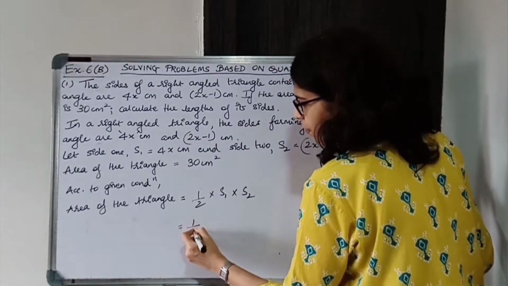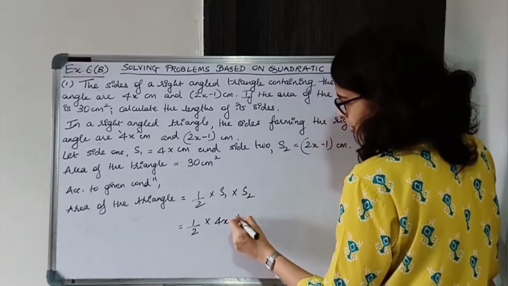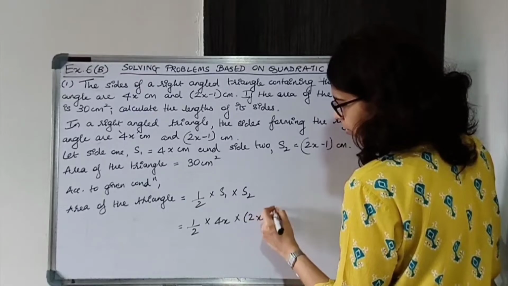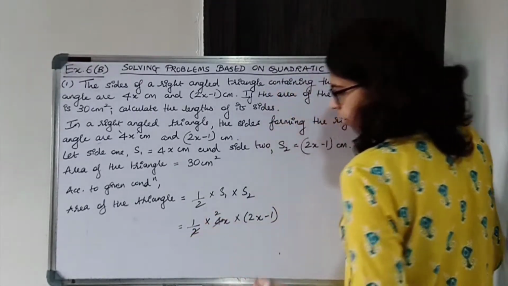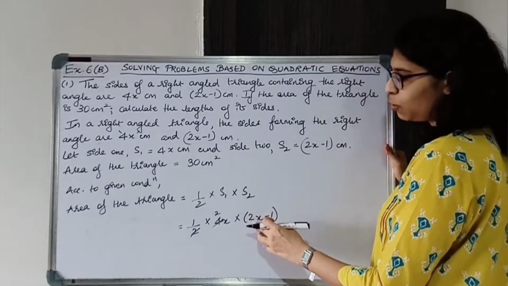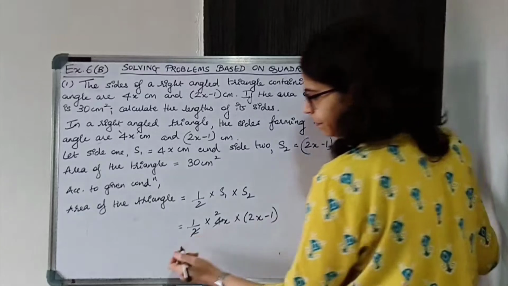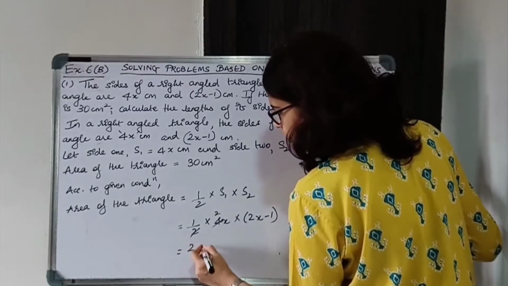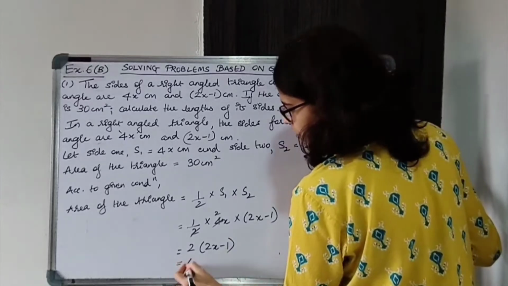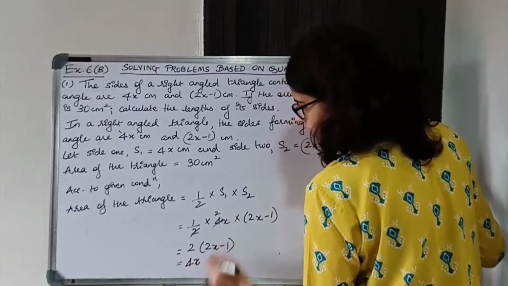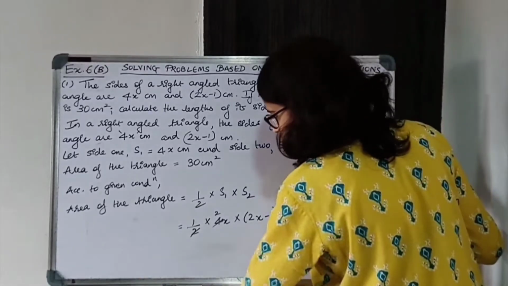So half into 4x into 2x minus 1. Now you can cancel 2 over here. You cannot cancel with the bracket one because there is a minus sign in between. So 2 into 2x minus 1, that gives 4x, sorry, there is x over here, I forgot the x.